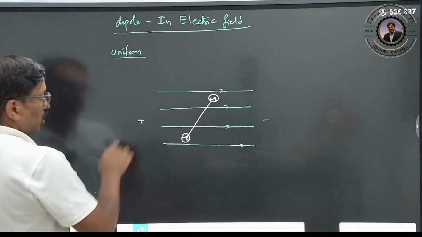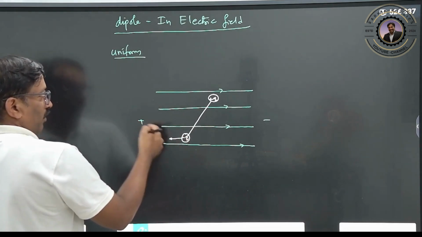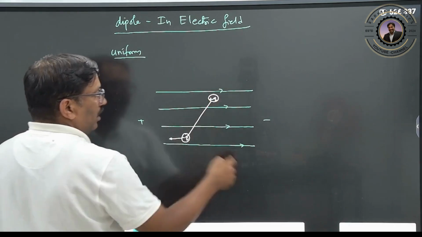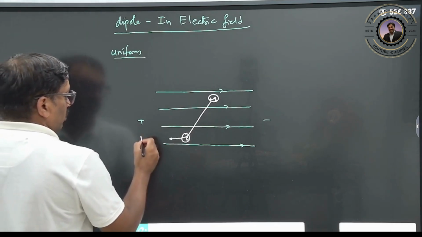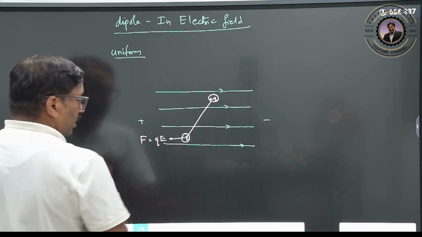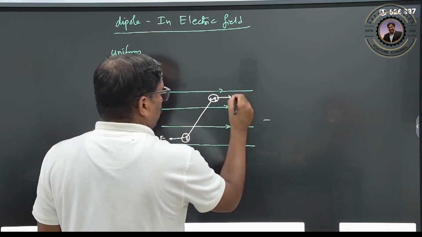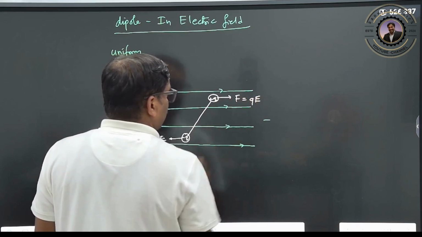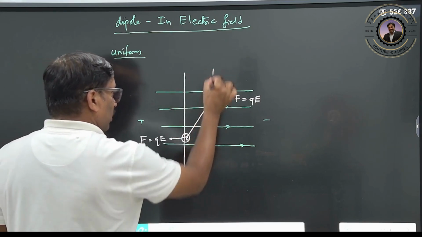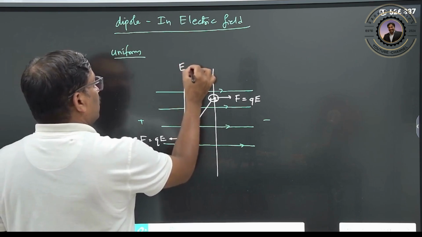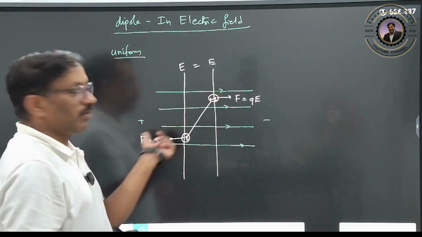What will happen now? This is the positive charge. What will it do? Everywhere the electric field will be the same. This side it is going to experience a force, F is equal to q times E. Likewise the other charge experiences a force F equal to q times E. At this point and at this point the electric field is the same, so this side force is the same and that side force is the same.